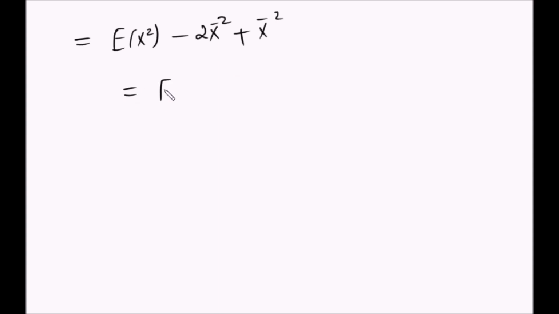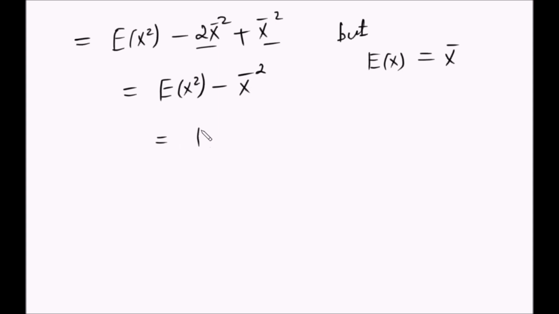Itakuwa like huyu, so huyu plus huyu tunapata minus x bar squared. Lakini nimesema kwamba expected mean na arithmetic mean ni hicho, si ndio? Kwa hiyo kumbe hii ni sasa tuna mtu aseme huyu minus huyu squared. So tulianzia wapi? Tulianzia hapa.